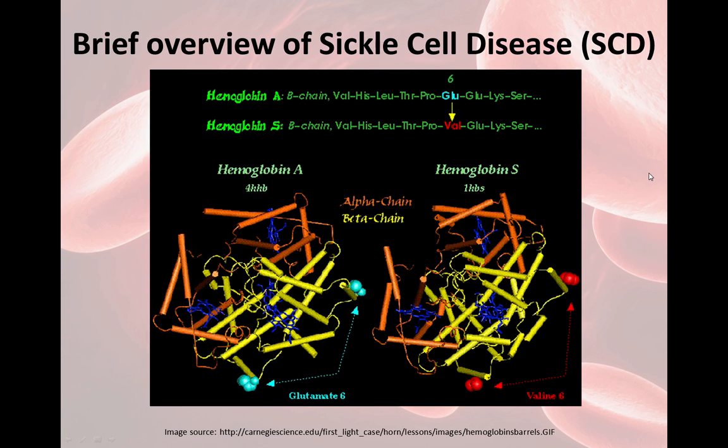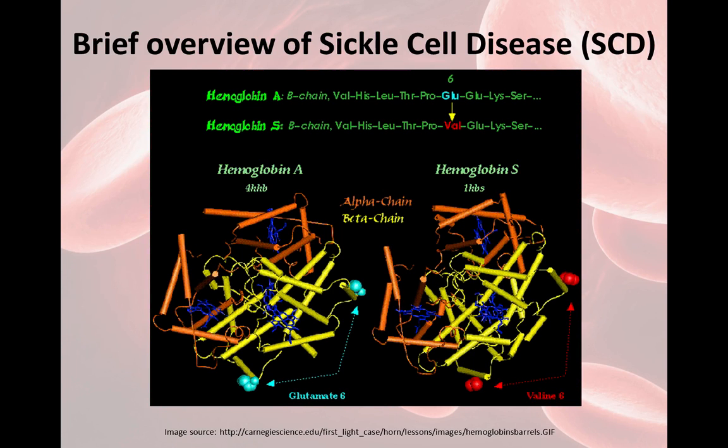This is a benign mutation when oxygen concentrations are normal. However, when oxygen concentrations decrease, the deoxygenated form of hemoglobin S exposes a hydrophobic patch on the protein due to the valine, and ultimately the hemoglobin S molecule aggregates and forms fibrous precipitates that will sickle in deoxygenated environments.